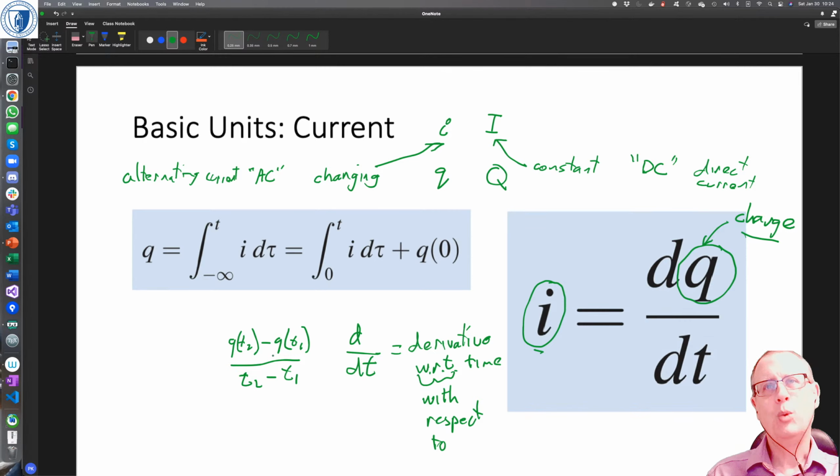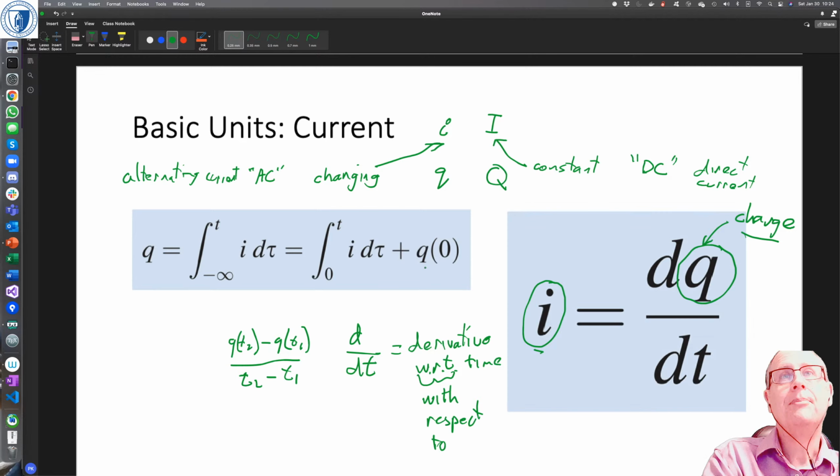And if you want to capture all of the current that happened before time 0 into a number Q naught, or Q at 0, then you can do that with this last piece here, which is just capturing everything before time 0.